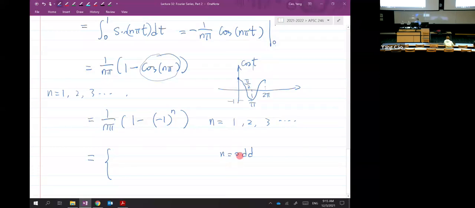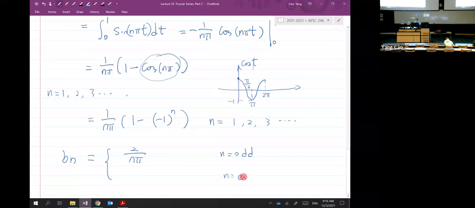If n is an odd number, -1 to the power of odd number is -1. So 1 minus -1 is 2, right? So you get 2 over n pi. So when n is an odd number, the Bn is 2 over n pi.